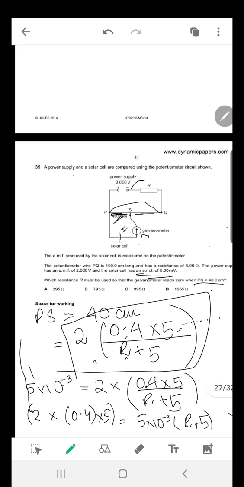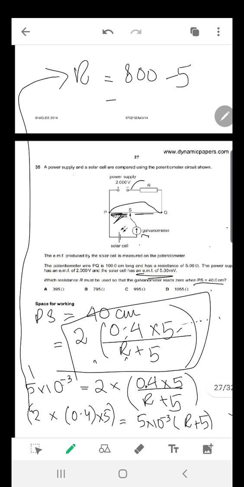You keep on solving these two equations. Let me solve it separately. You just keep on solving this on a calculator, divide this by this, and then subtract. It's going to give 795, which is B.